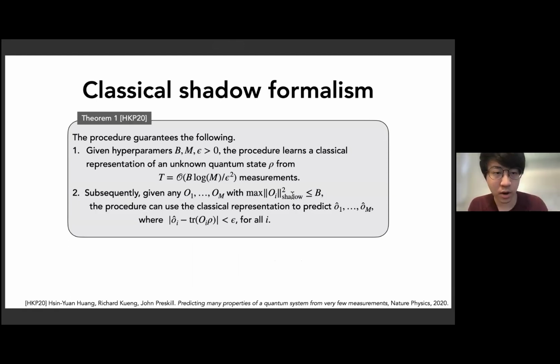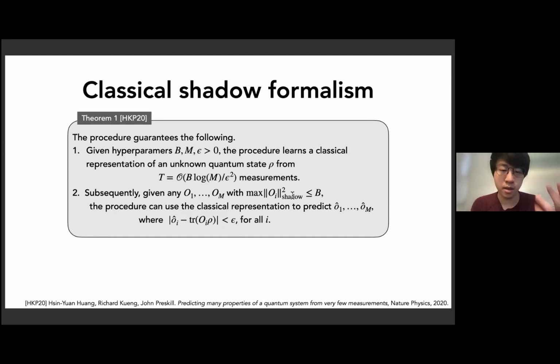The procedure can learn a classical representation of an arbitrary unknown quantum state rho by performing only B log M over epsilon squared measurements, such that subsequently, given any observables O1 to OM, so now you can see that this M basically determines how many observables one wants to predict, with a norm bounded by capital B, this procedure can use the classical representation learned from step 1 to predict the expectation value of all of these M different observables up to epsilon error.